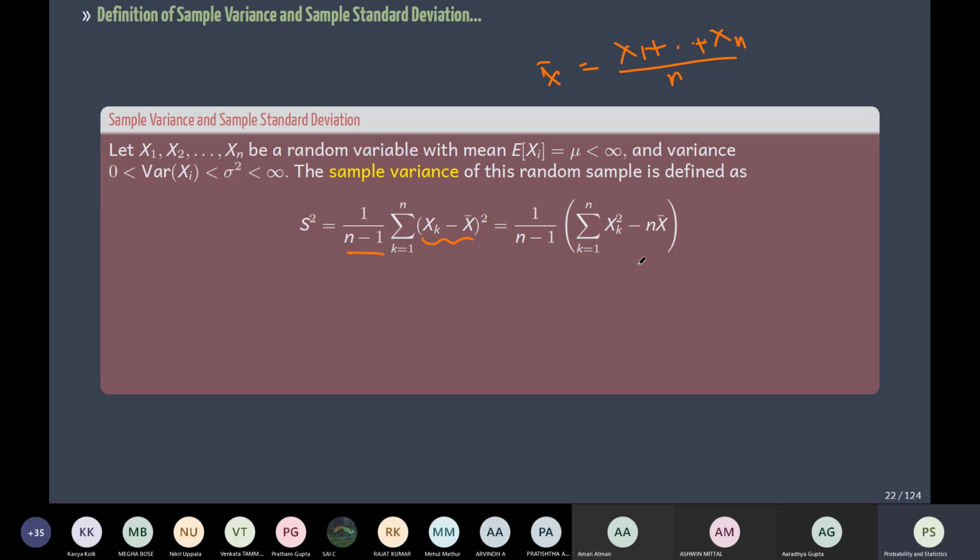We can expand this, and if we expand it, it will look like this. Is this correct?